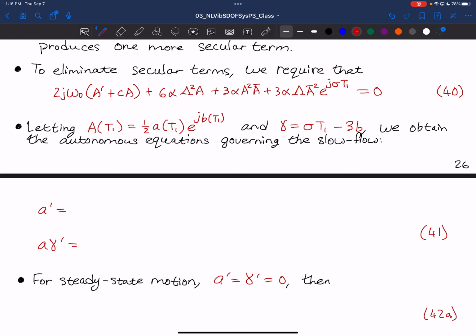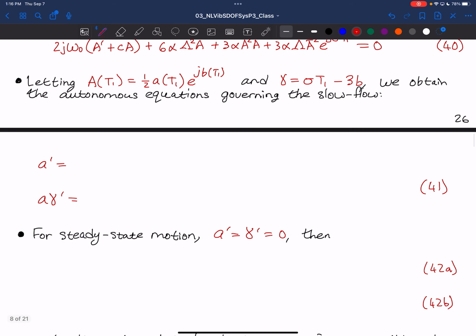Okay, so from there, we're going to again expand A into polar representation. We're then going to find gamma as being sigma T1 minus 3 beta in this case. And then this will allow us to produce the following set of autonomous equations.